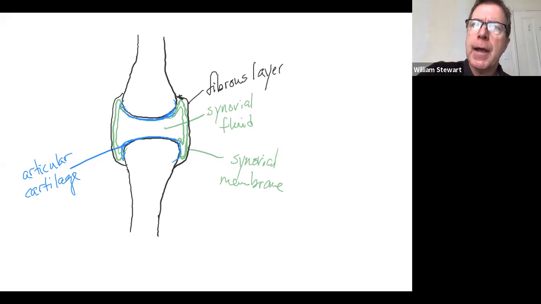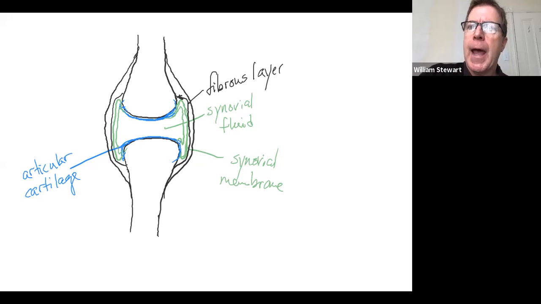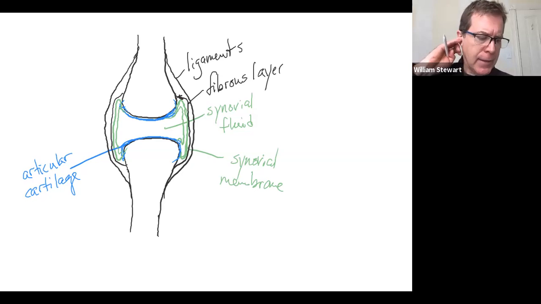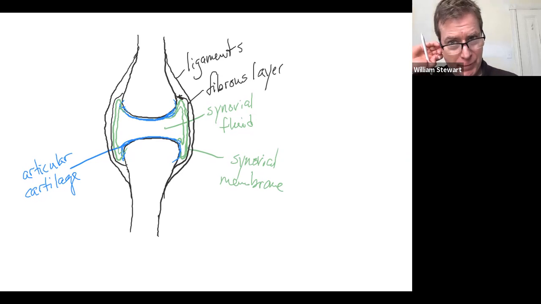Then there's another layer out here of really serious, dense, regular fibrous connective tissue that acts as a ligament. That's the basis of a synovial joint.